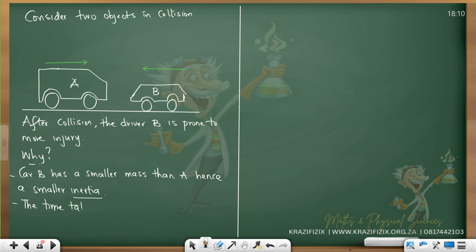The time taken for car B to experience the same change in momentum as car A, and I'm sure you know that according to Newton's third law, the force of car B will be the same as experienced by the force of car A. That one we know according to Newton's third law. That's why I'm saying for the same change in momentum.